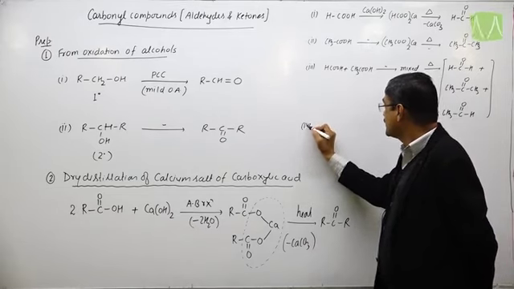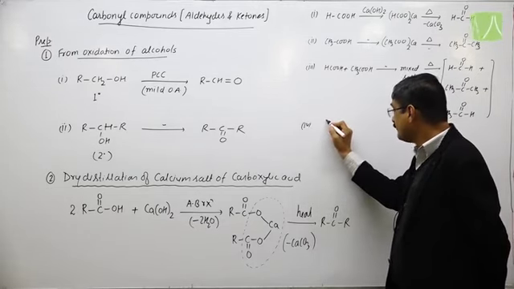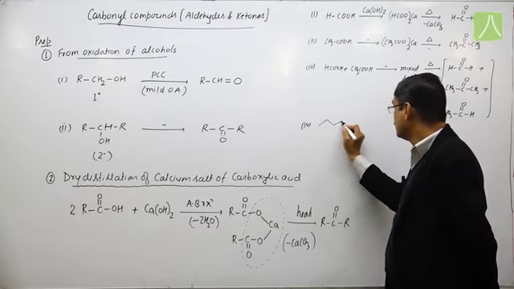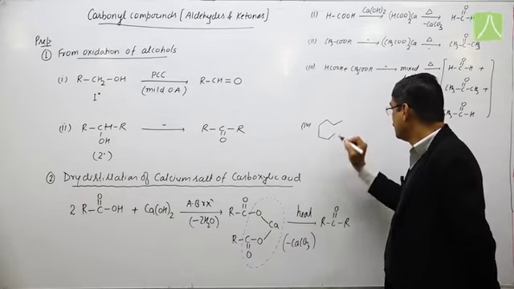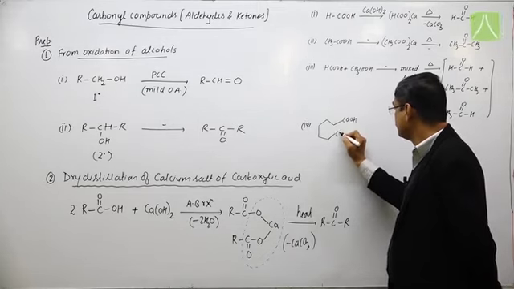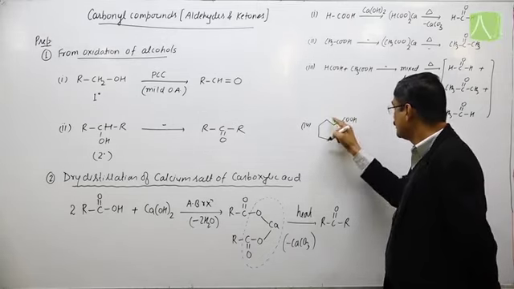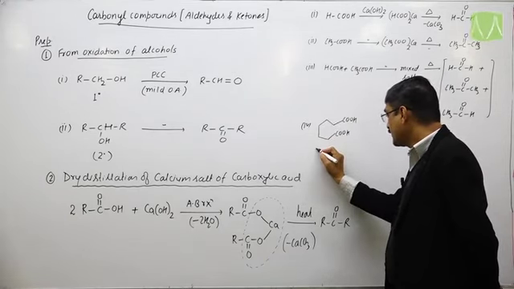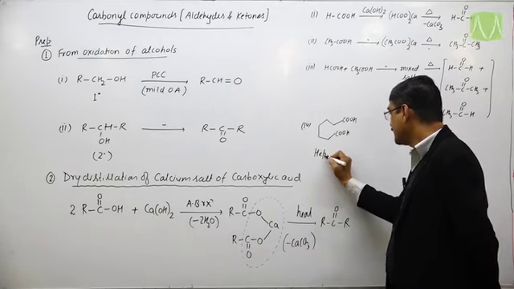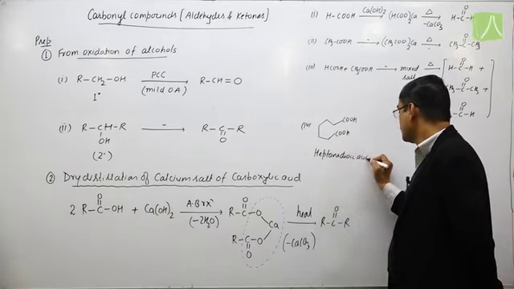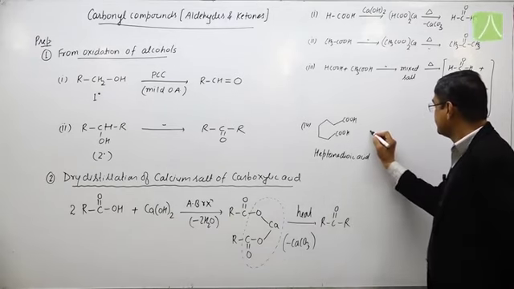Next, suppose I take a dicarboxylic acid like this. 1, 2, 3, 4, 5, 6, 7. Suppose this is heptanedioic acid.